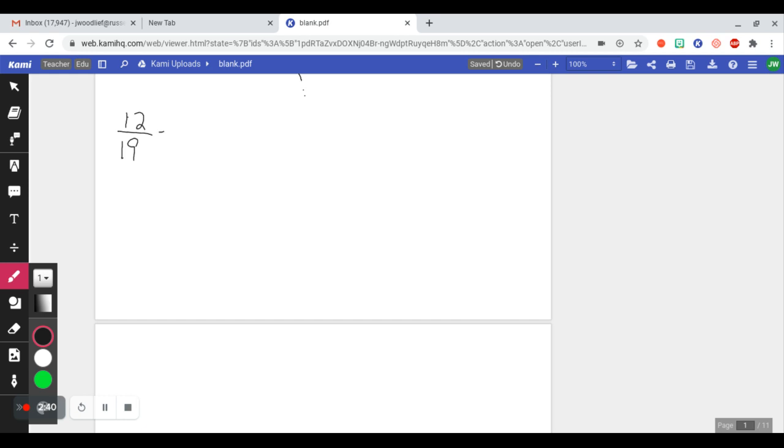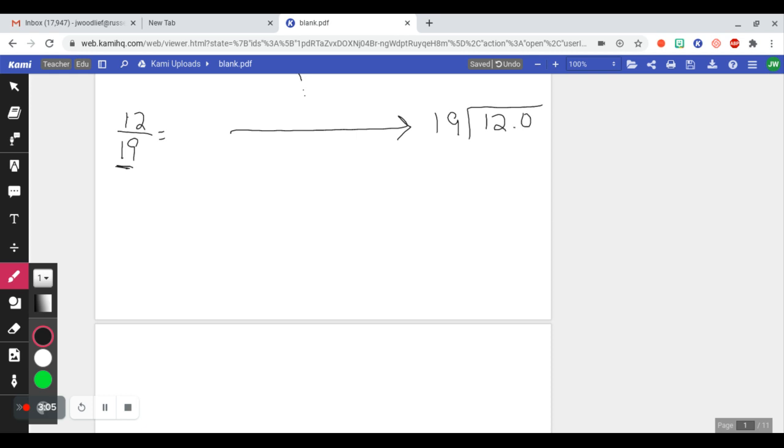So you may have to actually divide. We're going to go straight over to the side of our paper. We're not going to divide right beside it, because it clutters up the middle of my paper. So we're going to go to the right-hand side. We're going to take the bottom number and divide it into the top number. Now, this is probably a review. Most of you should know how to do this.